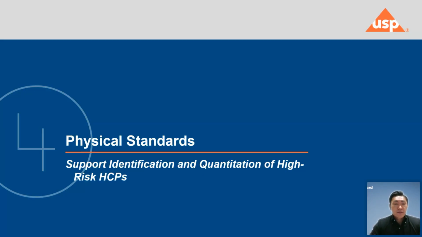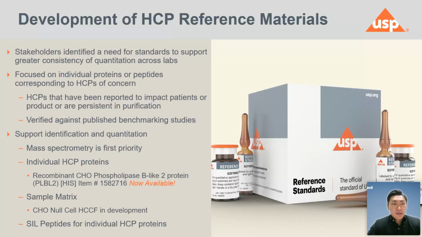Now I'm going to talk about the physical standards that USP has been developing to support identification and quantitation of high-risk HCPs. So from our stakeholders, we have identified there's a need of standards to support greater consistency of quantitation across labs. We are focused on individual proteins or peptides corresponding to HCPs of concern.